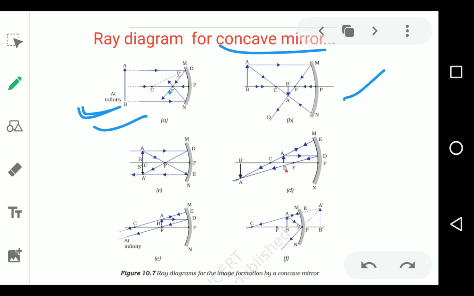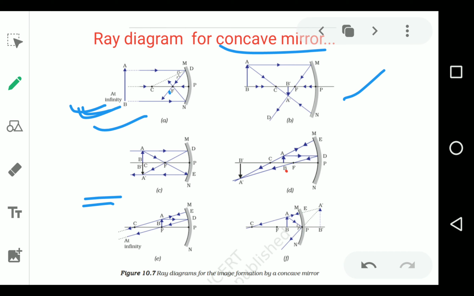In the third figure the object is positioned at C. As I told you earlier, the object is moving towards the mirror. In the first case it is at infinity, beyond the circular curvature.